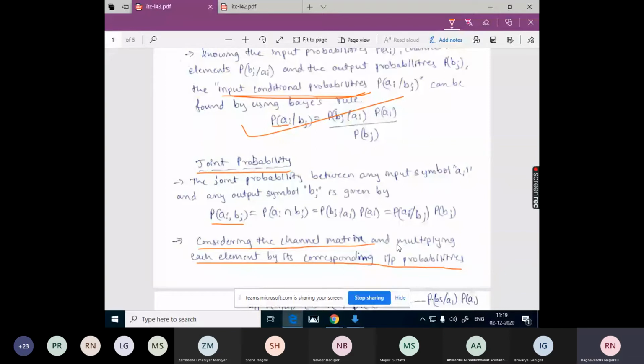P of B1 is 1 by 3. So add these two, and if we send this to the left hand side, it will be 1 by 3 minus the addition of these two numbers. So P of A3 comma B1 is equal to 1 by 9. So this is the value that we'll get.